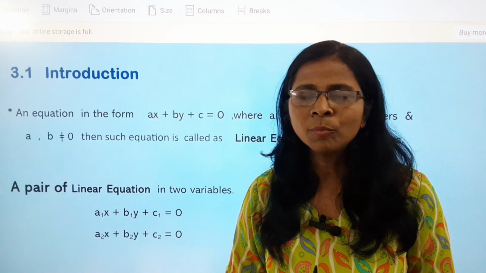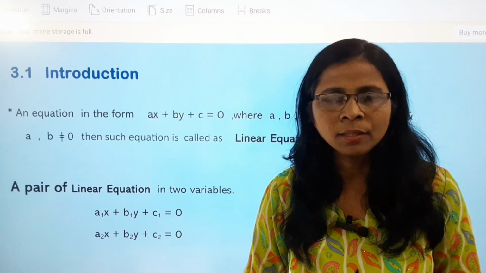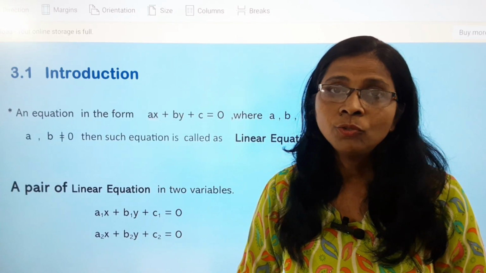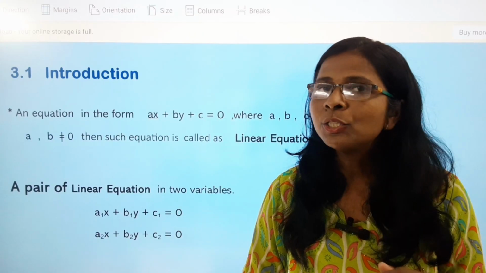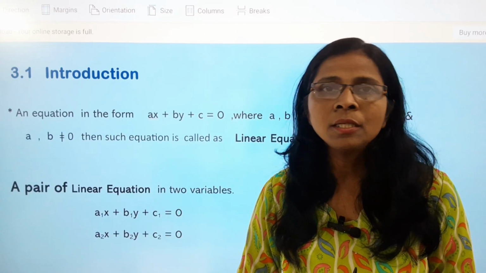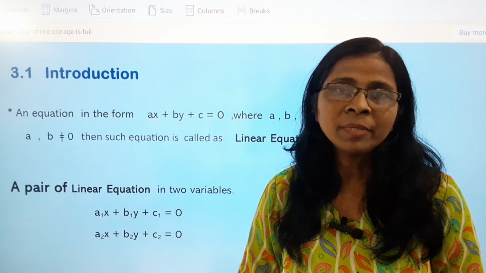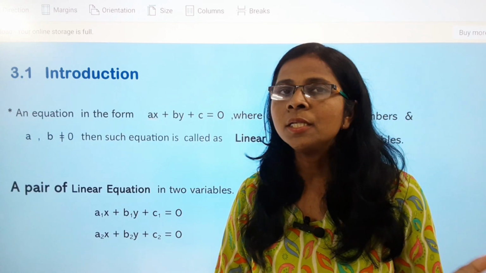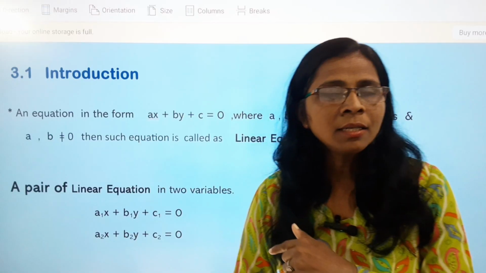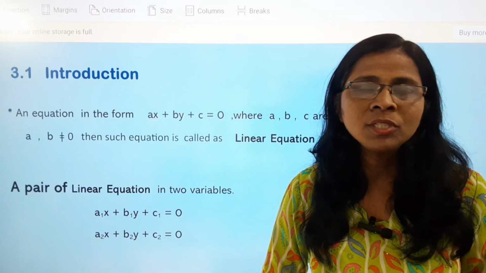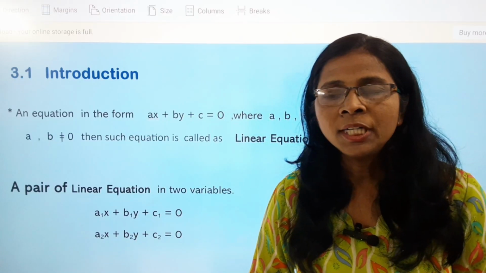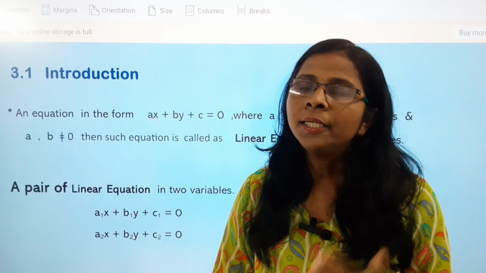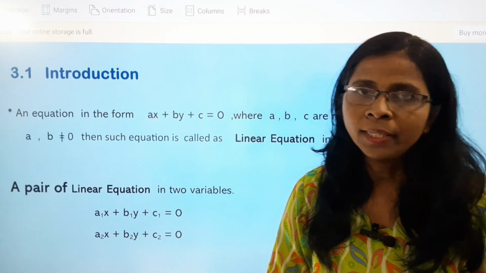We can call it the standard form also. So our linear equation in two variables is in the form ax plus by plus c is equal to 0, where a, b, c are real numbers, and a, b are not equal to 0.